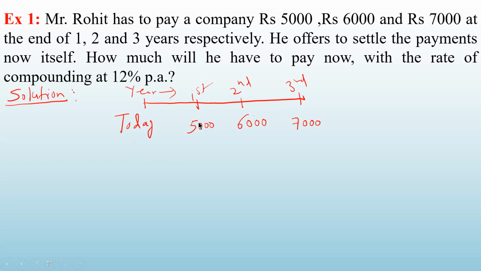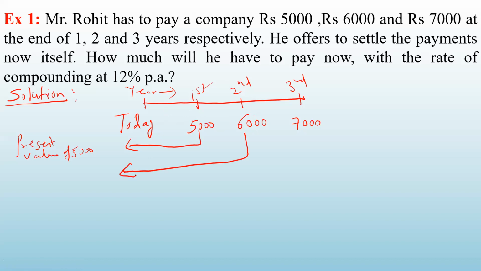So this 5,000 rupees which he was supposed to pay at the end of 1 year, if he wants to pay now, what will he have to do? Find out the present value of 5,000. What is its present worth? Similarly, rupees 6,000 which he was supposed to pay at the end of the second year, if he wants to settle today itself, how much will he have to pay now?